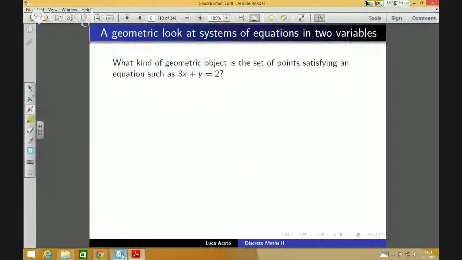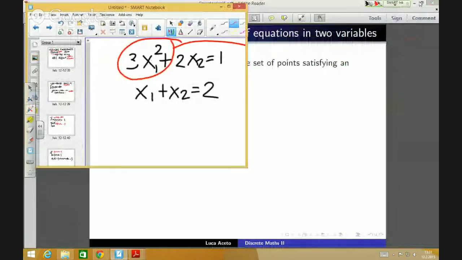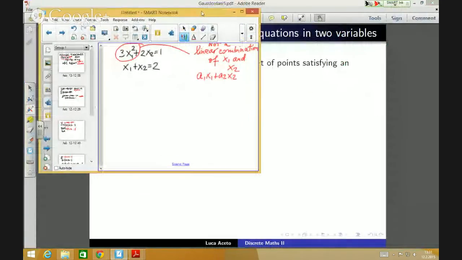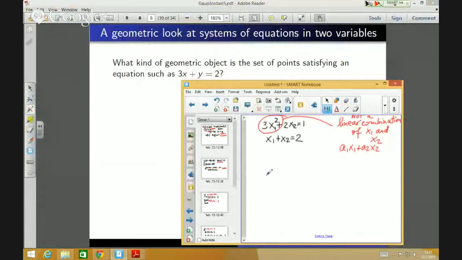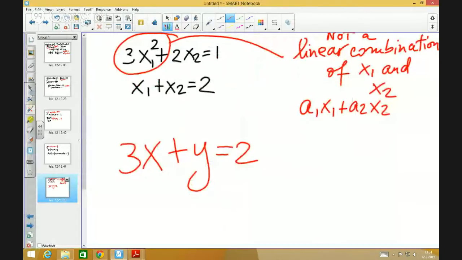So, yeah, thank you, Luca. So let's try to write this thing. So I said 3x plus y is equal to 2. Okay, so now let's make it bigger.